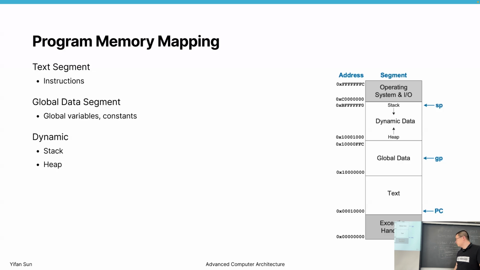GPUs care a lot about performance and are much less likely to do swapping. Okay, so about address translation, later on I will probably talk more, but it will be in a more fragmented way, because we cannot find a lecture to talk about address translation as a dedicated lecture.